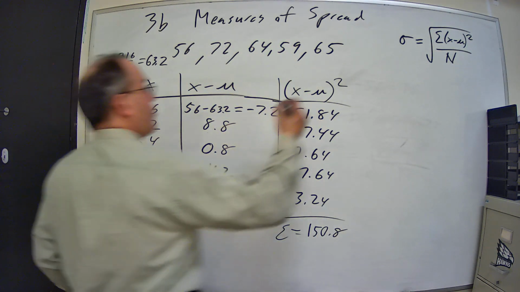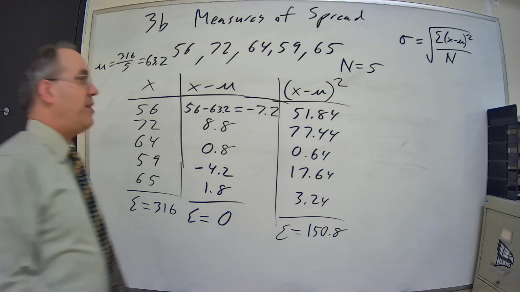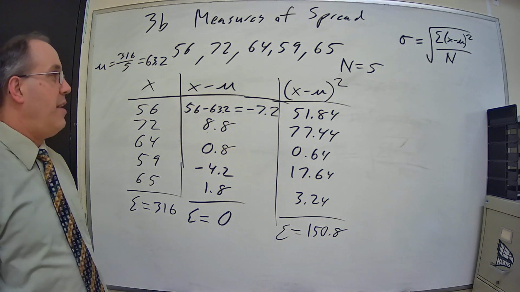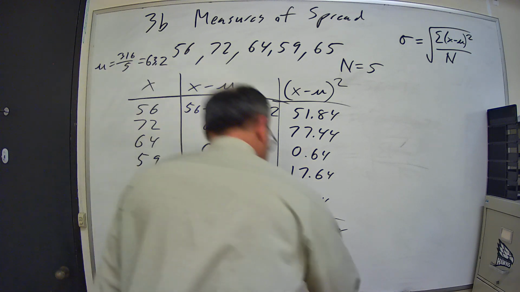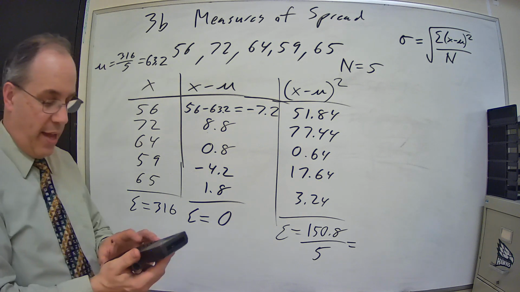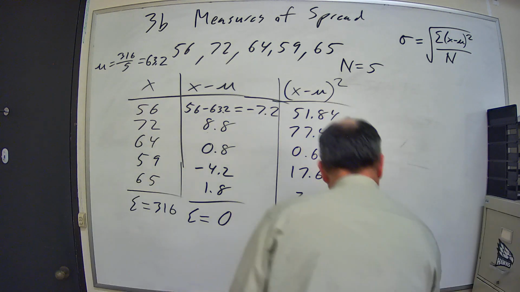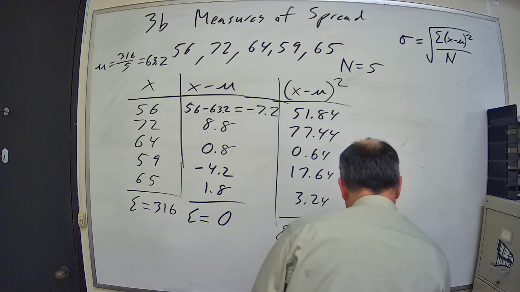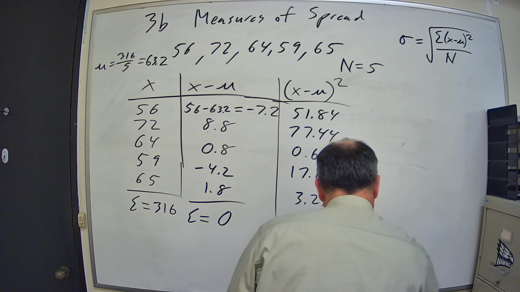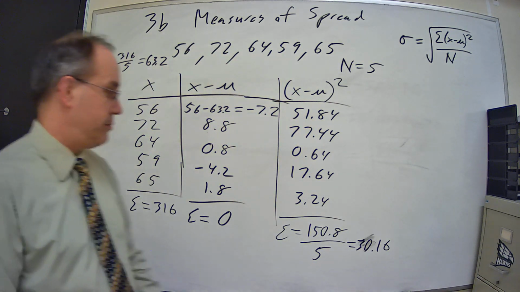Let me just put that up there for the sake of having it written on the board. Right, there's 5 data values, so our population size is n. So we're going to divide that by 5. And we divide that by 5, we get 30.16. Sorry, I lost my 0. 30.16.